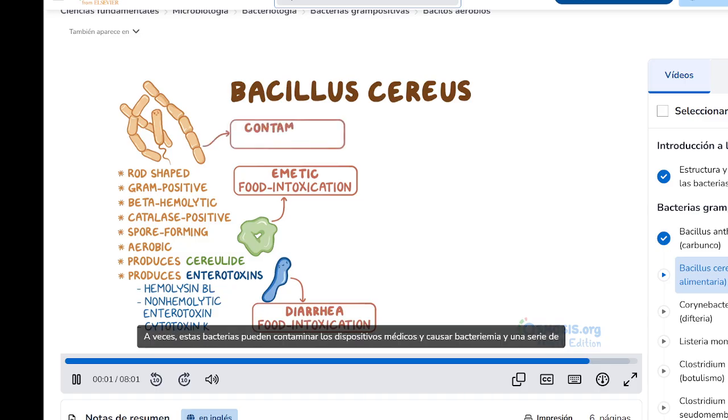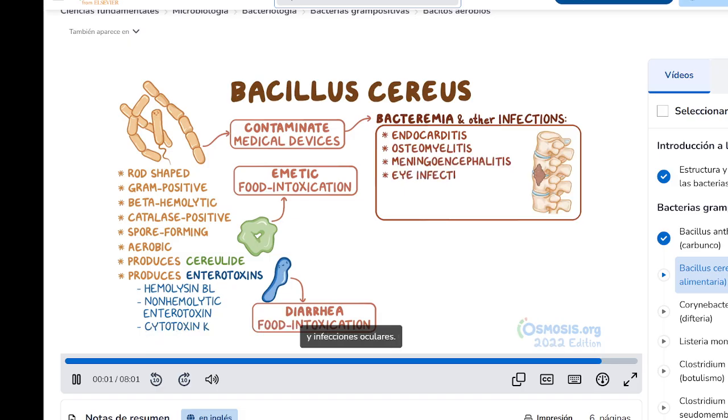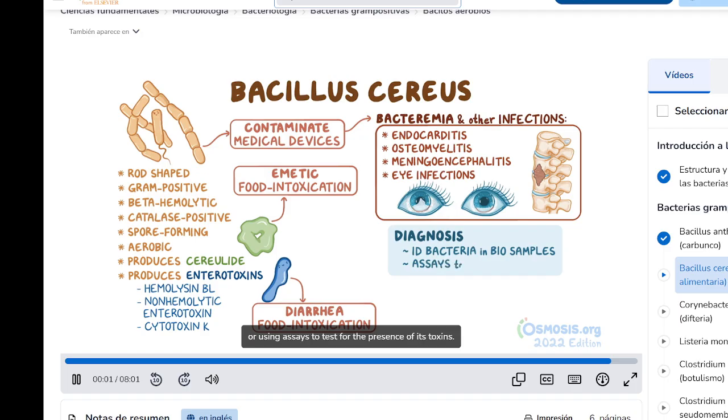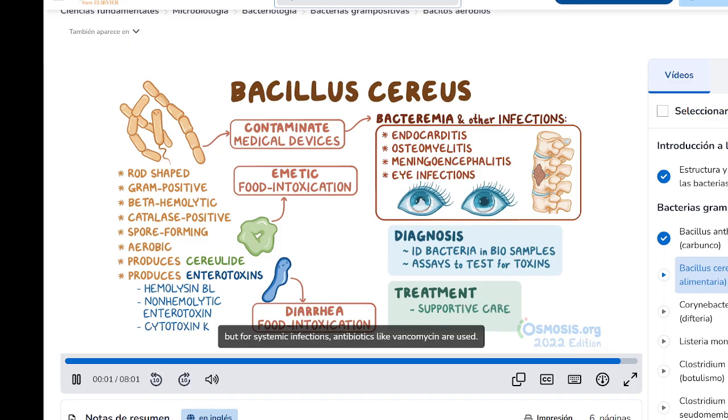Sometimes this bacteria can contaminate medical devices and cause bacteremia and a number of infections in immunocompromised people, like endocarditis, osteomyelitis, meningoencephalitis, and eye infections. Diagnosis of B. cereus infections relies on identifying the bacteria in biological samples, or using assays to test for the presence of its toxins. Treating B. cereus infections mainly consists of supportive care in cases of food intoxication, but for systemic infections, antibiotics like vancomycin are used.